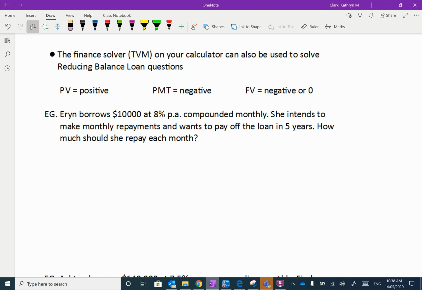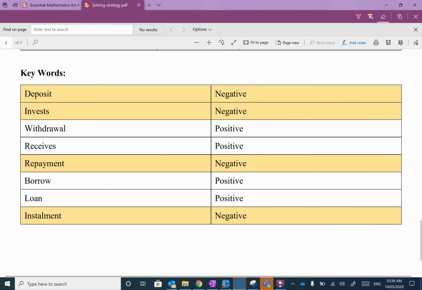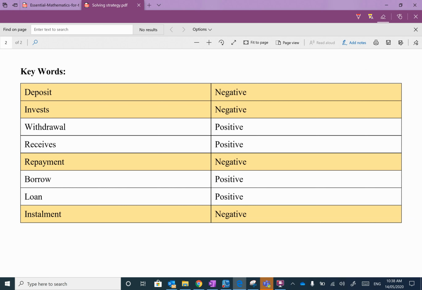So let's have a look at this particular example. If Aaron borrows, that is a positive word. Again, I'm going to go back to this page. Underneath this list, you've got a lot of keywords. And we can see there that borrow is a positive word, because when you borrow money, you get the money, and that makes you happy.